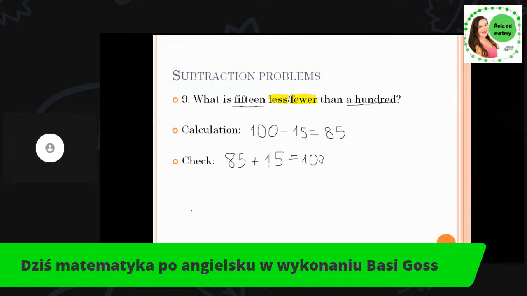Great. What's the answer for the question? A simple answer can be it is 85. It is 85 or it's 85. You can also say the 85 is 15 fewer than 100.